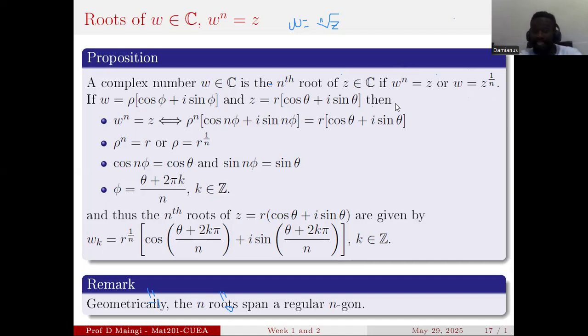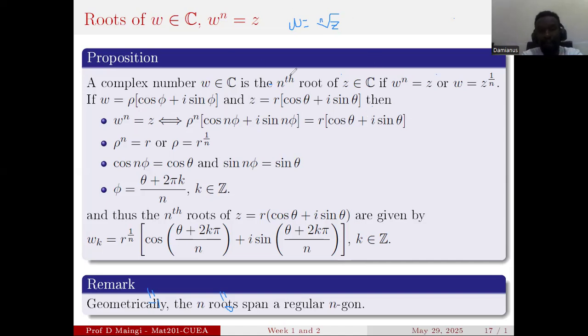So can we always find this? Remember, any complex number can have a polar form or a rectangular form. So if I have a complex number W and a complex number Z, both have their polar form. W's polar form is rho (cos phi plus i sin phi), and the polar form of Z is r (cos theta plus i sin theta). Then we can apply this.